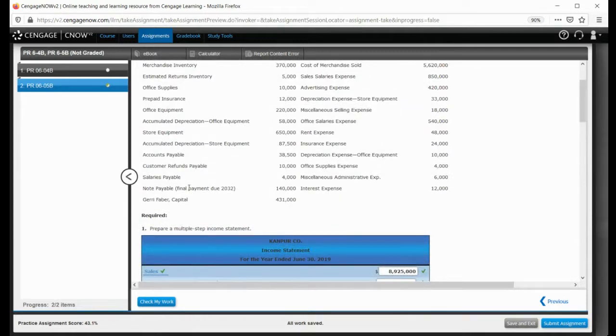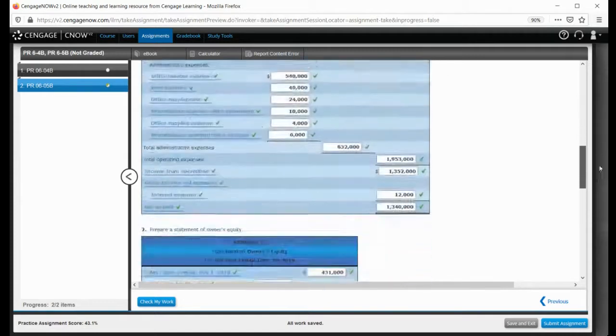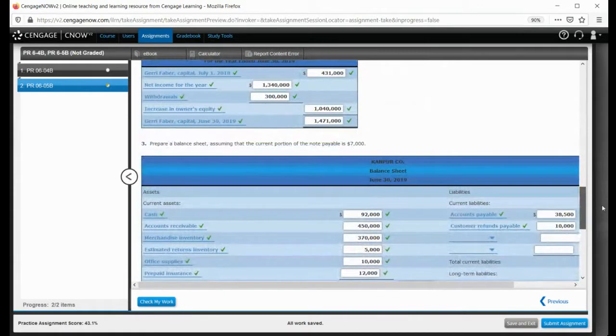The next liability account is salaries payable. We're expecting to be able to pay our employees within the year, so salaries payable is $1,000.